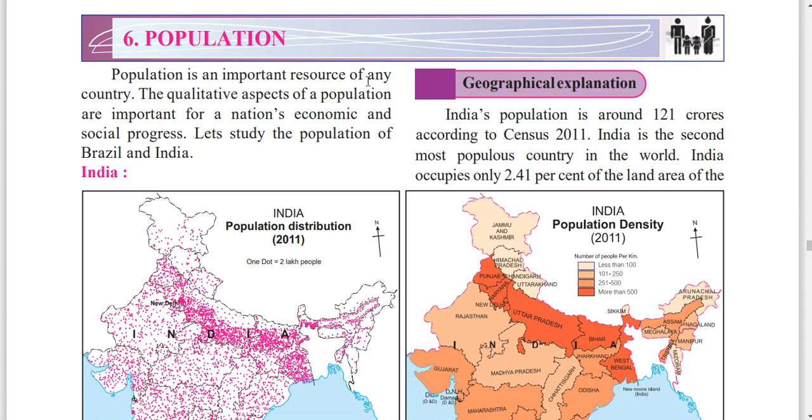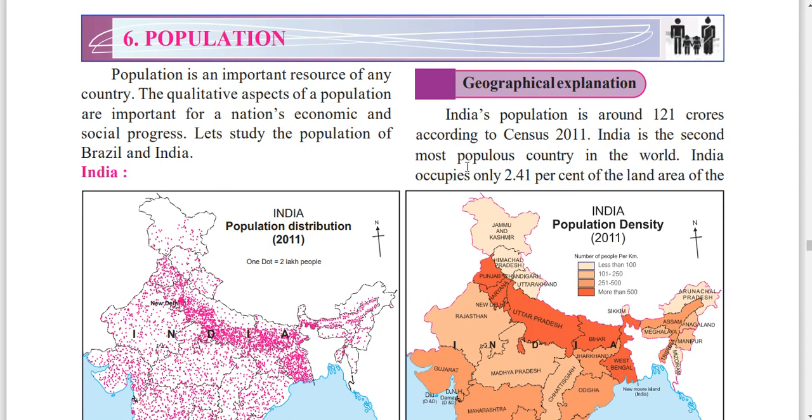Population is an important resource of any country. The qualitative aspects of a population are important for a nation's economic and social progress. Let's study the population of Brazil and India. Geographical explanation. India's population is around 121 crores according to Census 2011.